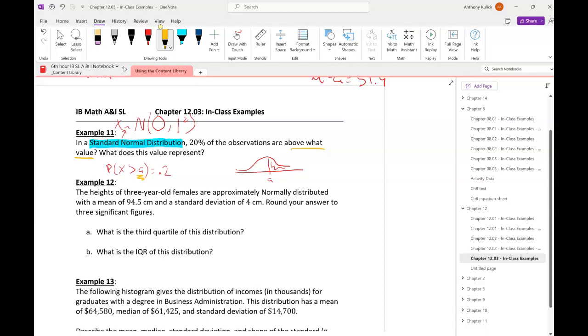Megan, you got the number? Yeah, 0.842. What is that saying then? It's because it asks, what does this value represent?